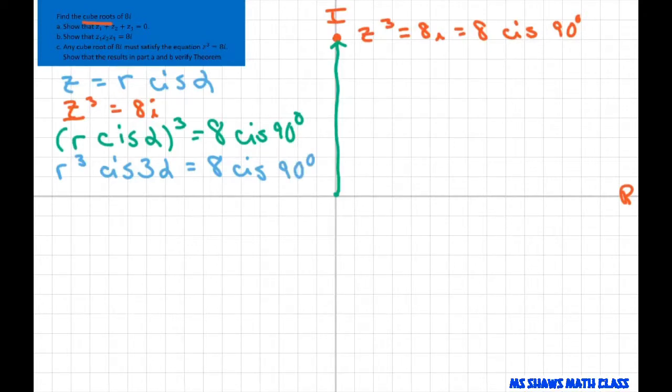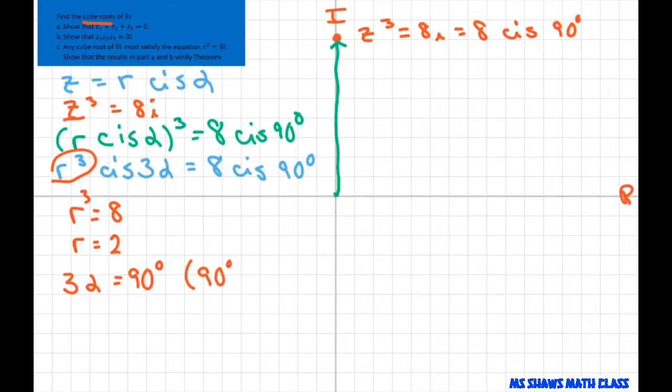Therefore, we know that r cubed equals 8, so r equals 2. We want it to be positive because we're drawing an arrow. And we know that 3 alpha equals 90 degrees, or you could say 90 degrees plus a multiple of 360. You just keep going around.